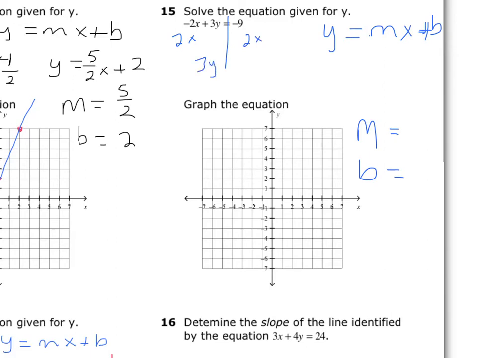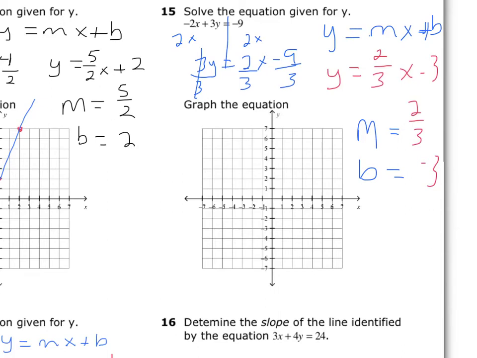Leaves 3y equals 2x minus 9. Divide everything by 3. So I'm left with y equals 2/3 x minus 3. The b is -3, and the m is 2/3.